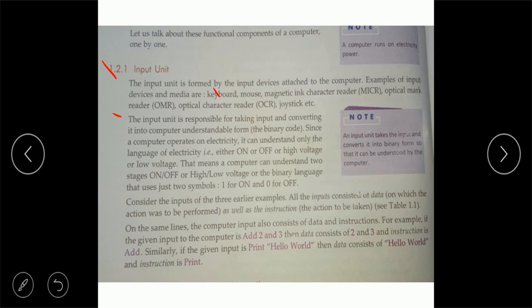Now every input that we give to the computer consists of two parts, that is the data and the instruction. You can see in the next figure it is clearly mentioned that input carries two parts, data and instruction.